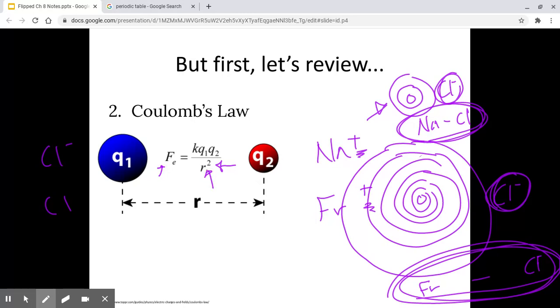If you were to double a charge, go from Q2 being 1 to Q2 being 2, that would probably double your energy of attraction. Well, if you go from an R of 1 to an R of 2, it's going to quadruple your energy of attraction. So distance has an effect, and it has an exponential effect when compared to Q.